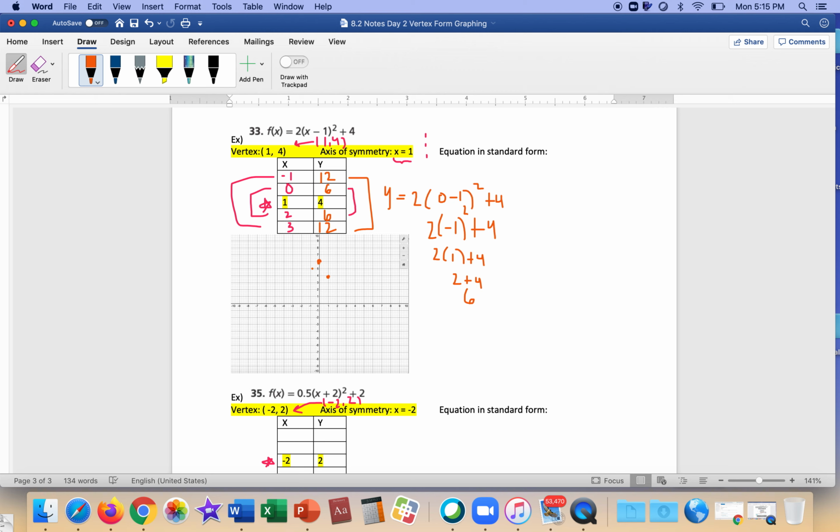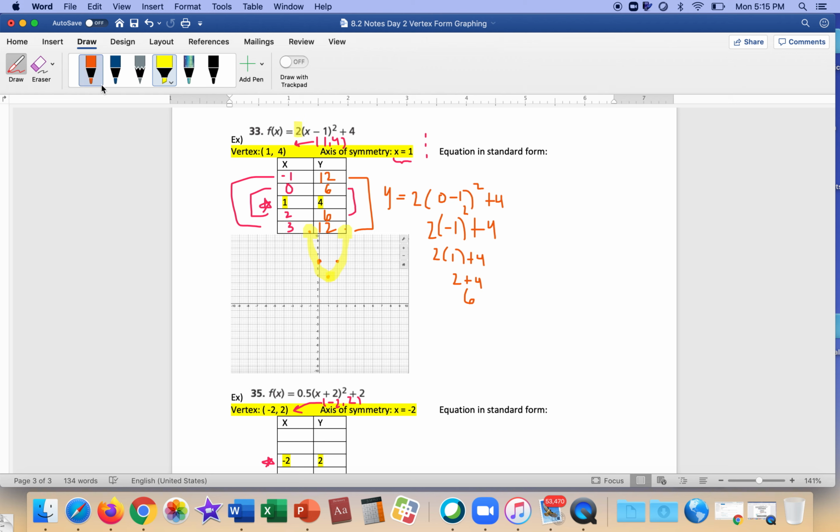We have negative 1, 12, which is off here, right? And we have 2, 6. And again, you guys can change your scale if you want. 3, 12, somewhere off the graph, right? So start at the vertex, go out, draw a nice U shape. Okay, it's opening up. The a value is positive 2, so that looks good.